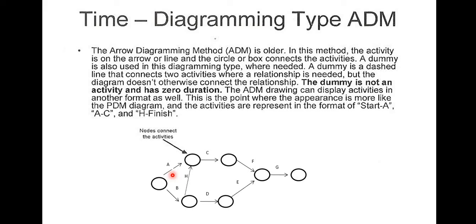So instead of each activity being represented by a circle, or in the case of PDM by the box, they're actually represented by the arrows. So that's where the name activity on arrow or activity on line came from. So that is that for this type of diagramming method.